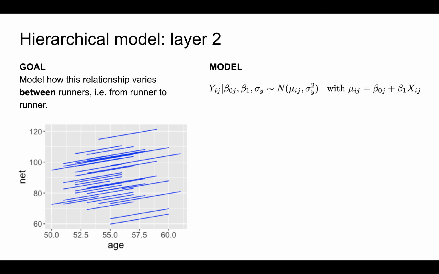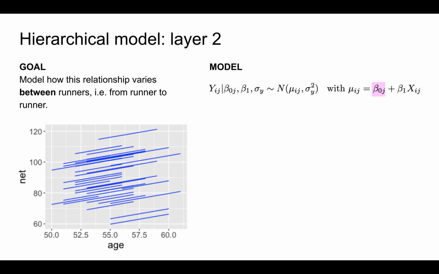Okay, layer 1 took care of the running outcomes within any individual runner. Next, layer 2 focuses on how the relationship between running time and age varies between runners, that is, from runner to runner. In general, model parameters with subject-specific subscripts are those that help us distinguish between different groups.